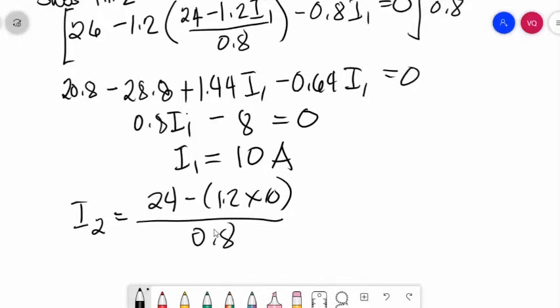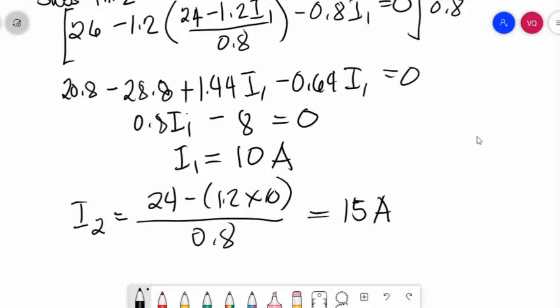That is equal to positive 15 amperes. So, our assumed directions of loop currents are both positive. That means we have assumed the correct direction of loop currents.